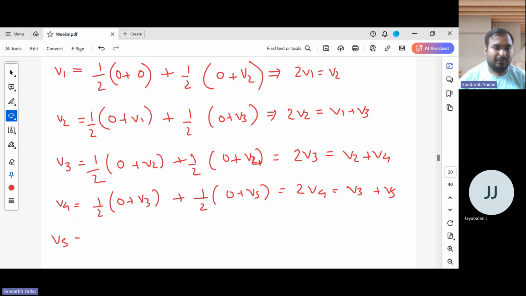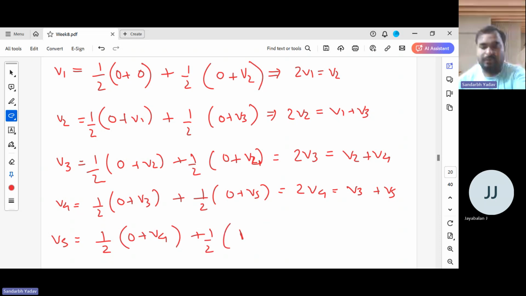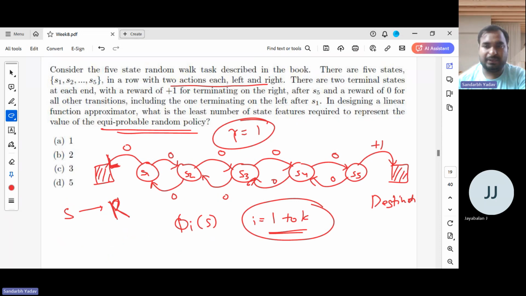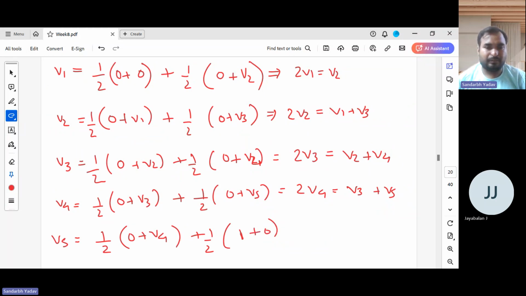Now we will write the value of state number 5. With half probability you can go left, collect a reward of 0, and go to V4. But with half probability you are going to the terminal state, and now you will collect a reward of 1. The value of the terminal state itself is 0.